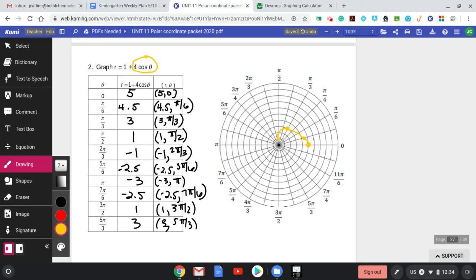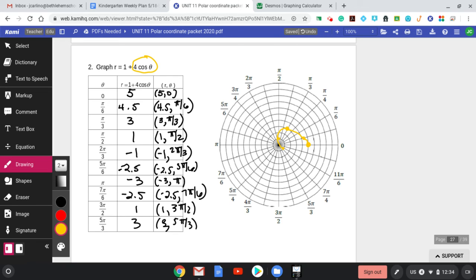-1, 2 pi over 3. Okay, so now 2 pi over 3, but since it's -1, remember, you guys have to go on the opposite side, right? If the r value is negative, I go on the opposite side of the angle. So at 2 pi over 3, I'm going to go on the opposite side and graph it at 1. Okay, on the opposite side.